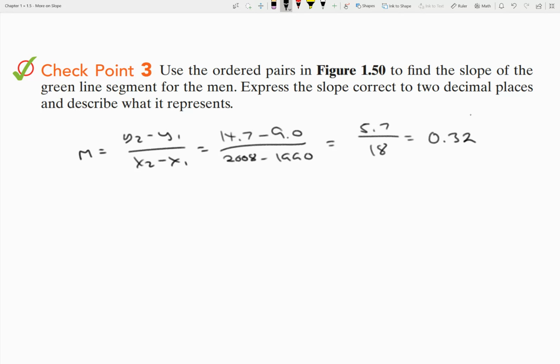And again, this means there are 0.32 million more men per year, and that's more men per year because the slope is positive. If the slope were negative, then fewer people would be living alone every year, but this time there are more.